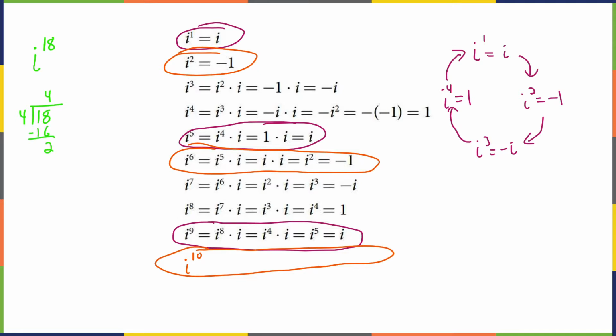I have a remainder of 2. That means that i to the 18th is the same thing as i squared, which is -1. So as long as you know your first 4 in the cycle, you can use this remainder concept to help you find the value of your power very simply and very easily.